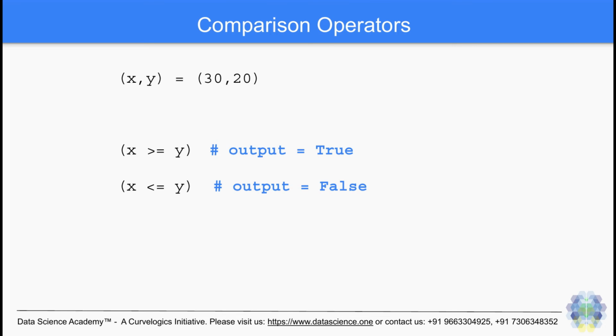The combination of greater than sign, or less than sign, along with an equal sign, evaluates two comparisons at the same time. For example, when evaluating whether 30 is greater than or equal to 20, the output returns true. This is because, when either of the two operations is true, the combination also returns true.